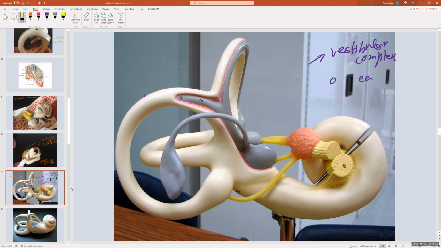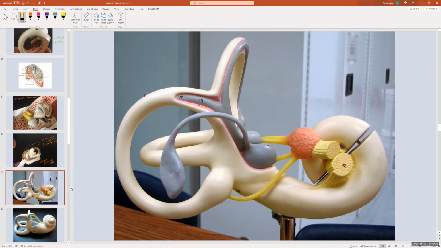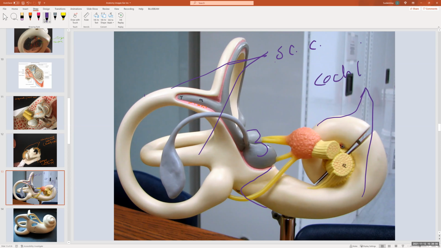So when you hear that the inner ear is responsible for maintaining a sense of equilibrium, a sense of balance, that's what this vestibule is for. That's not our focus. So basically, vestibule, semicircular canals, and from here all the way, all of this is going to be cochlea. Cochlea is most complex.